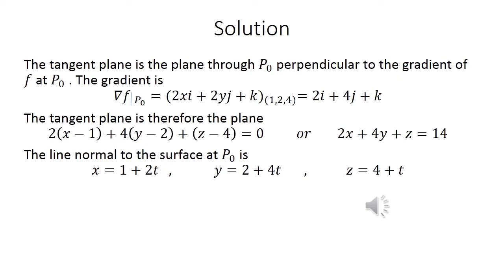Simplifying that, we get 2x plus 4y plus z equals 14. Then the normal line to the surface at P0 is x equals 1 plus 2t, y equals 2 plus 4t, and finally z equals 4 plus t.